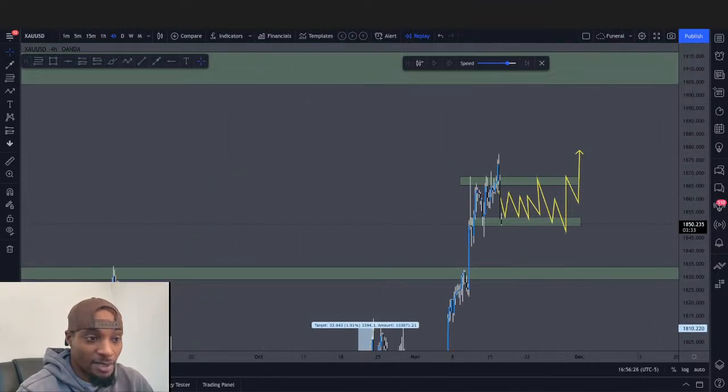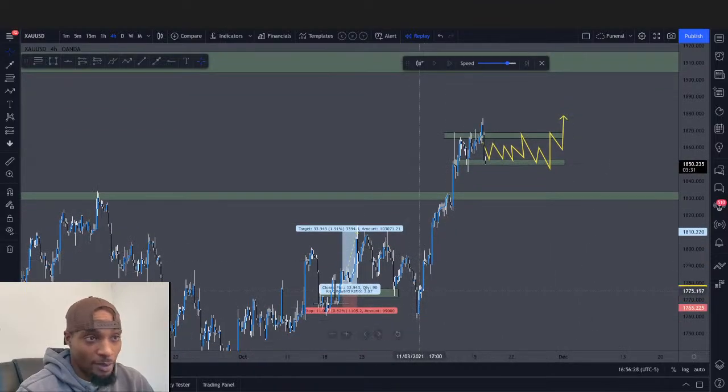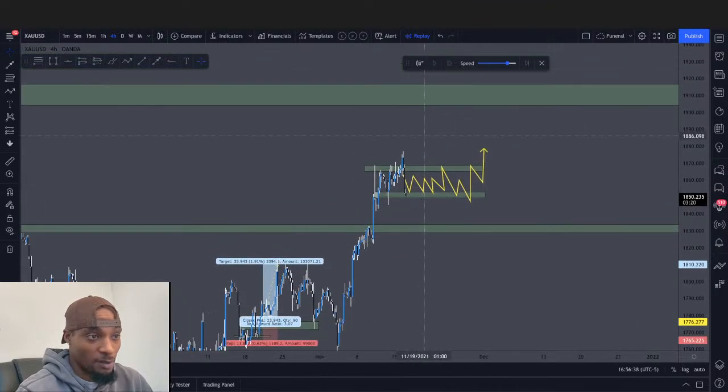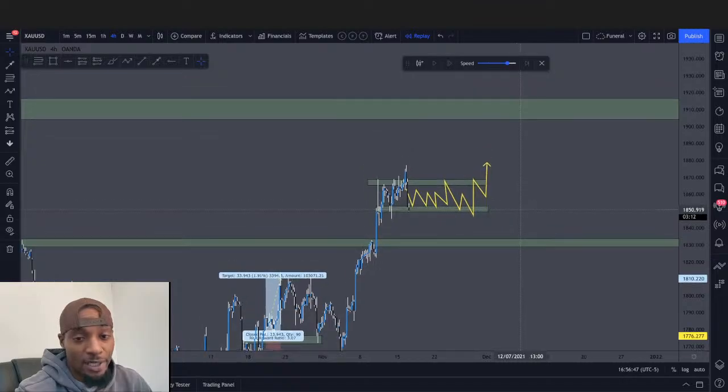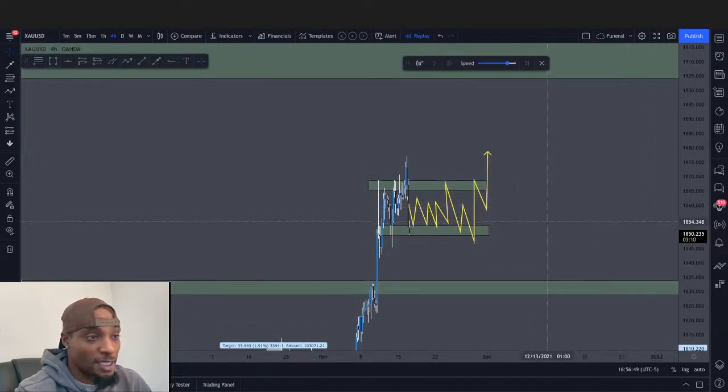Since the momentum is to the upside, we've had this big move for about the month. Since the beginning of the month, we've been just moving bullish all the way up. So if we want to continue to the upside, we got to come back down, at least exhaust a little bit, correct ourselves, grab some orders, stop some people out, and then continue to the upside.